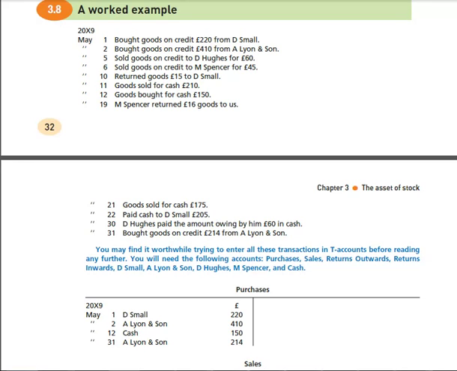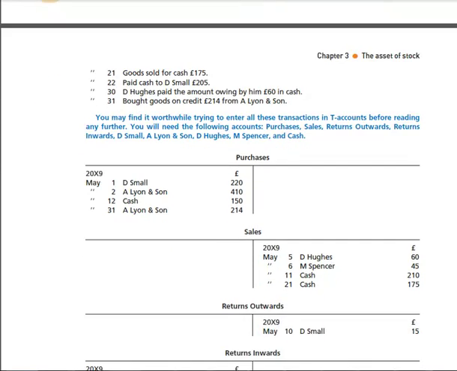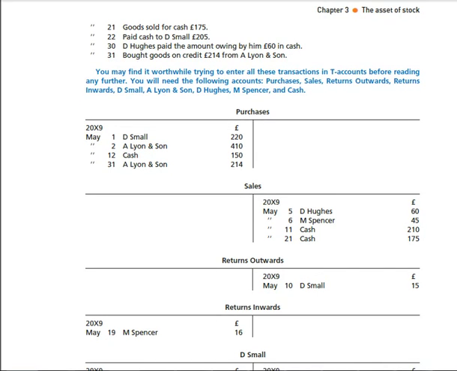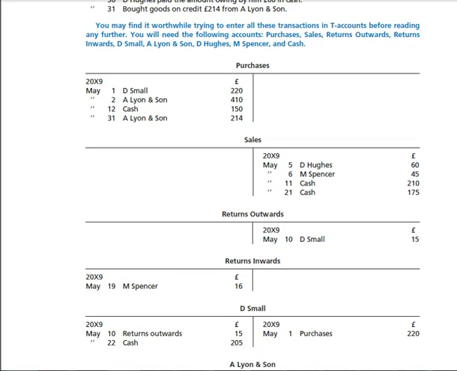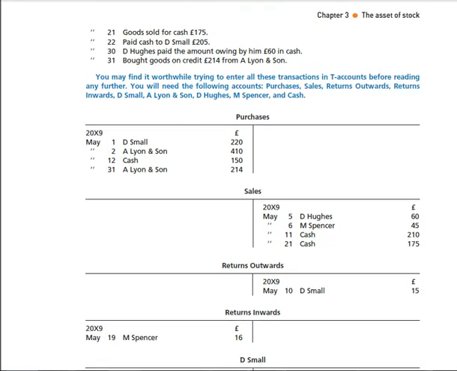On credit means there would be a creditor, which is a liability account. Purchases account, as we explained above, is always debited. We would debit the account by 220, and then we would credit the D Small account by the same amount. So here, purchases account May 1 D Small, it's debited, and if we go down, D Small is credited by the same amount of 220.